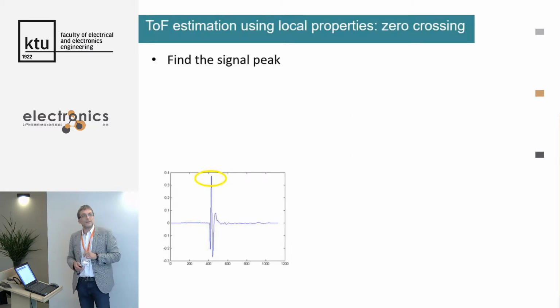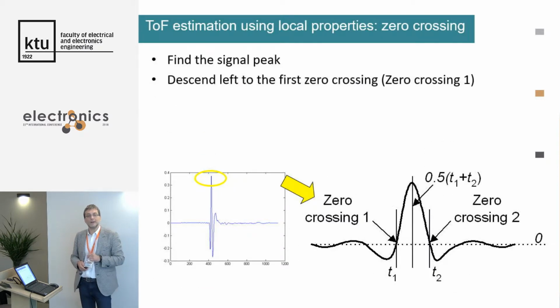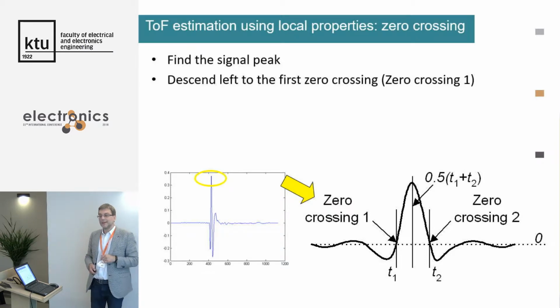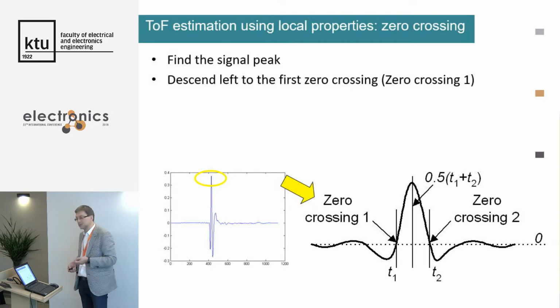Or you can go again to zero crossing, the same as we discussed with peak location, when you take the derivative, or just pure zero crossing. But the problem with zero crossing is that you need to know when to take it, because you see there are several zero crossings, 1, 2, 3, and if there is noise, there are many zero crossings. So usually it is combined.